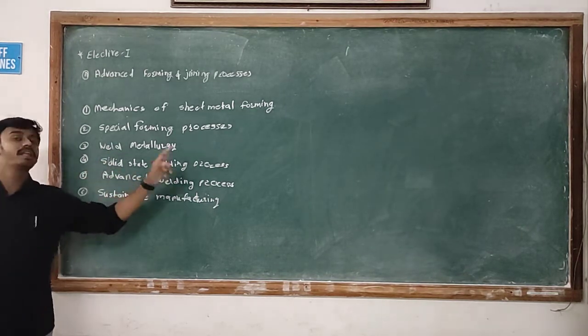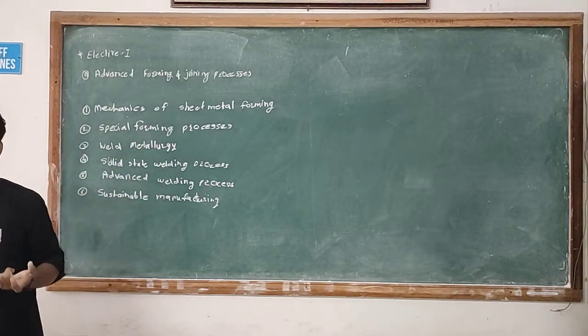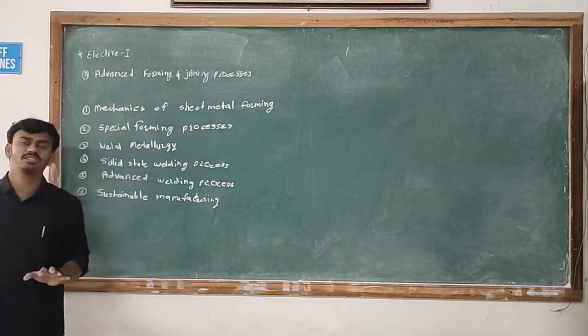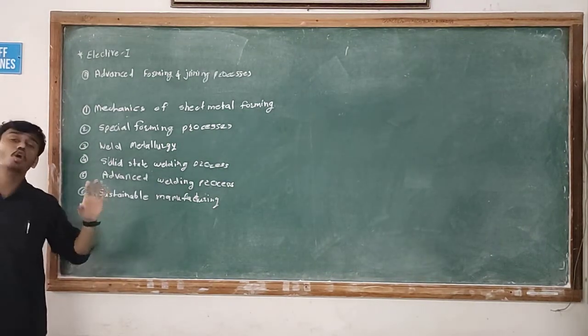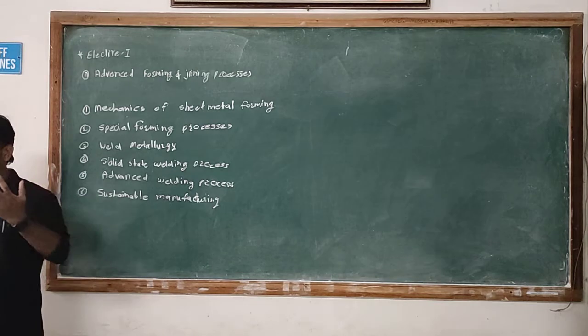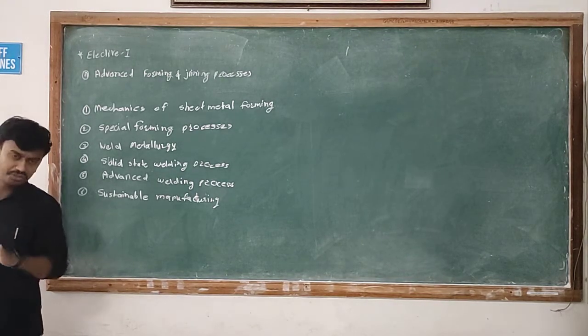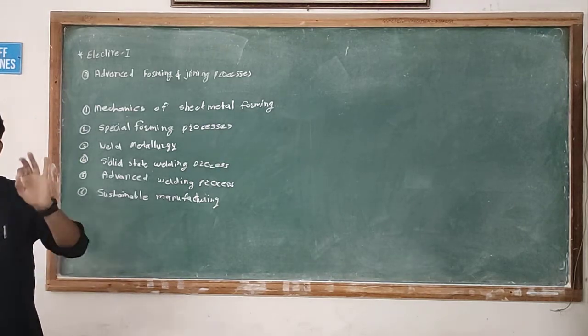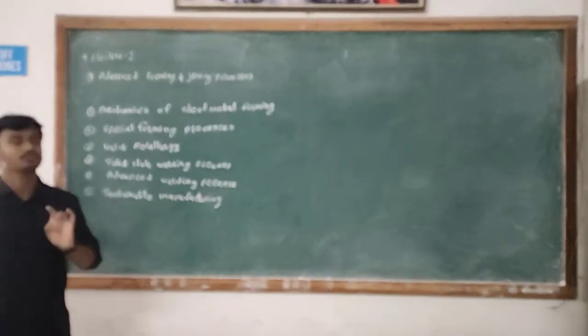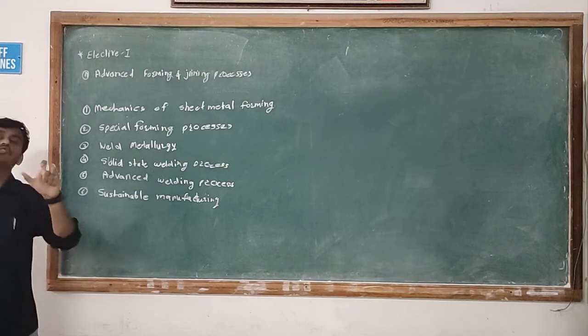But solid state welding means that in these processes the material does not reach its melting point or its liquid state. The material is in a solid state, but we can join the materials.